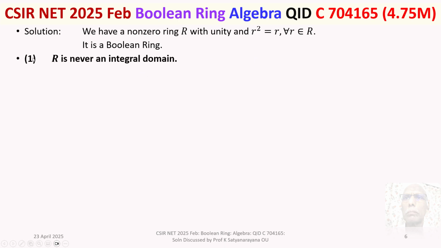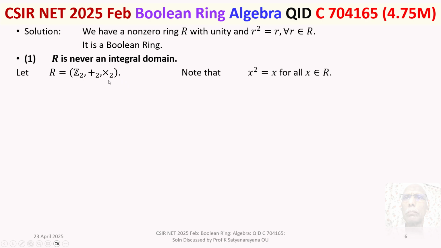Now let's take up option 1. R is never an integral domain. R can be an integral domain in a particular case. What is that case? Let R be equal to Z2, that is integers modulo 2 under addition modulo 2 and multiplication modulo 2.